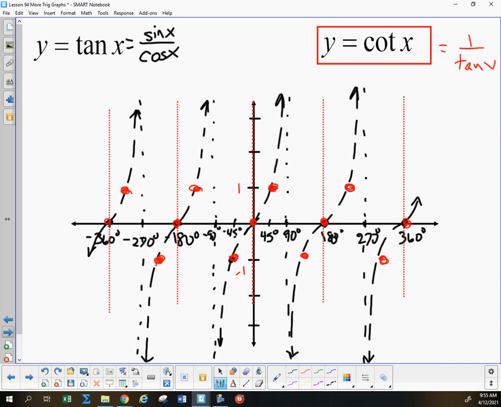And I'm going to try to plug in just a little bit to figure out what's going on here. So let's see. For cotangent, let's see, cotangent of 90 degrees, that's cosine over sine, right? And cosine of 90 is 0 and sine is 1. So, oh, I actually have the 0 point on there.